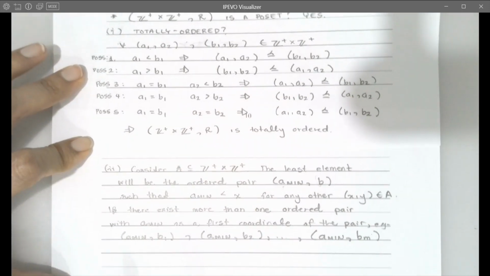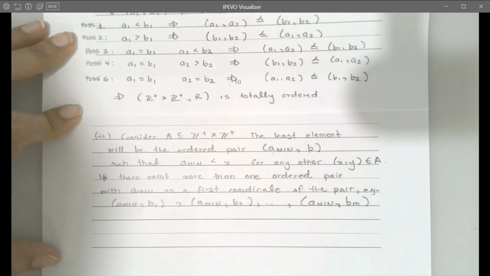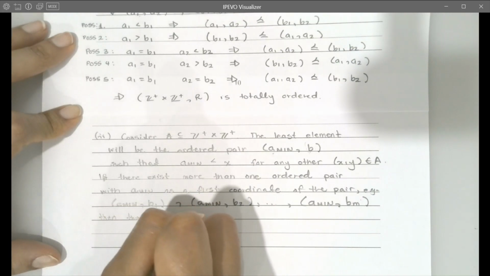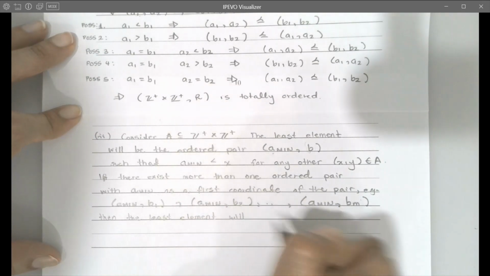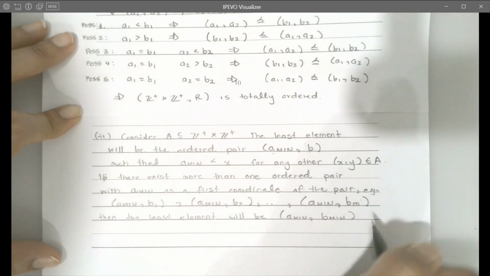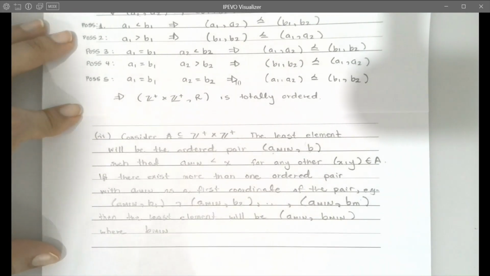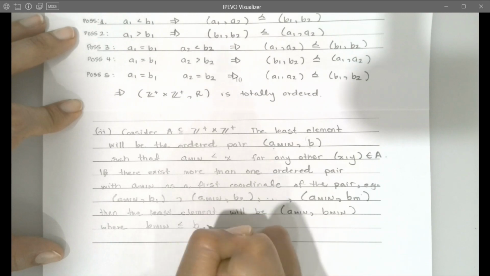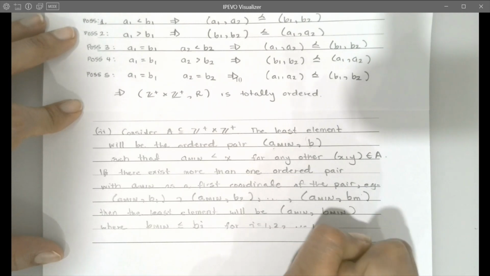So there are m potentially ordered pairs that all have A min as the first element of the pair. Then the least element will be A min comma B min, where B min will just be the smallest out of all of these second coordinates, where B min is less than or equal to Bi, for i being 1, 2, all the way down to m.